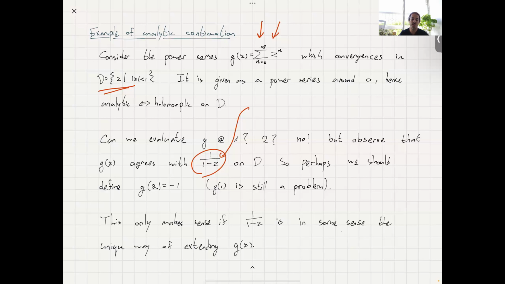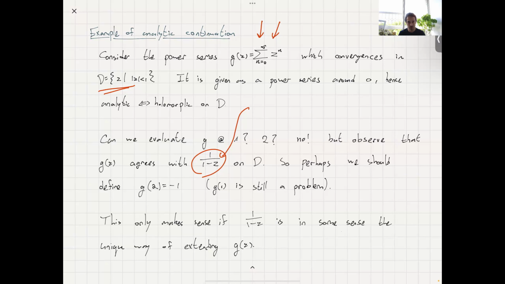So if you ask me to evaluate G at 1, cheating and looking at 1 divided by 1 minus z won't help you, but you can evaluate G in a sense at 2, because you found some other function that agrees with G on the domain on which G is defined, D.